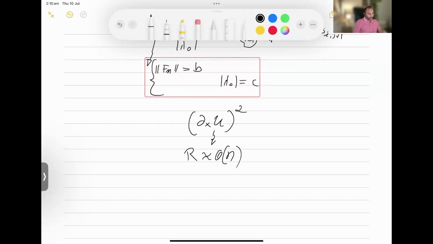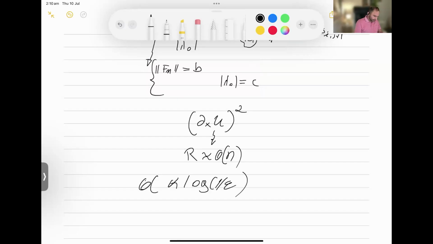But the hope is that the best quantum algorithms will have log 1 over epsilon, which comes from the block encoding, etc. You also have log n, which is the dimension of the matrix we're dealing with, the size of the vector.